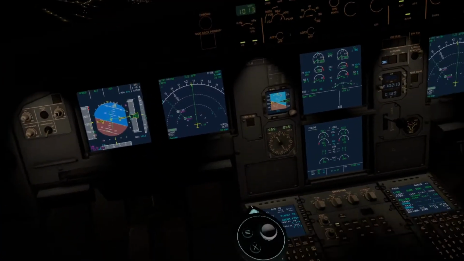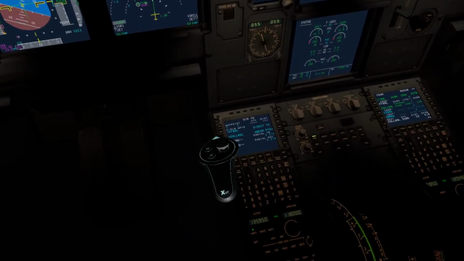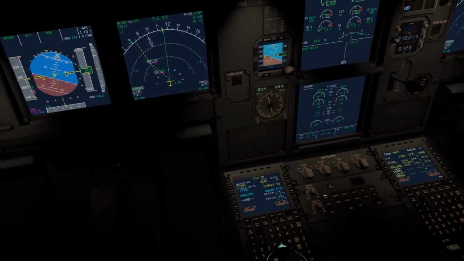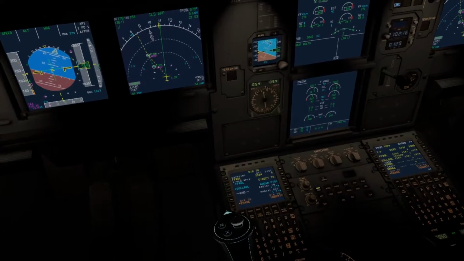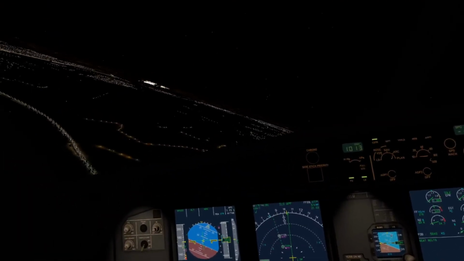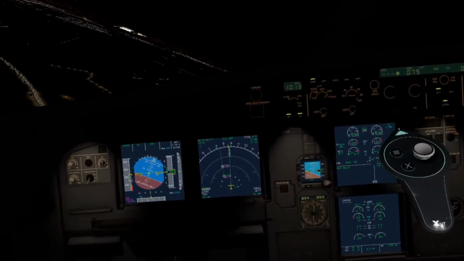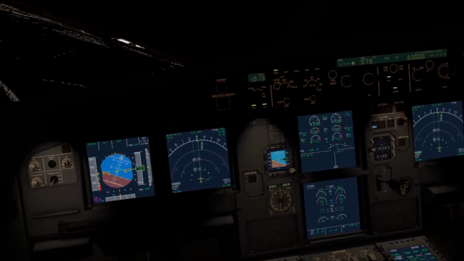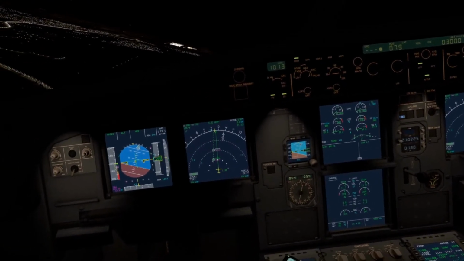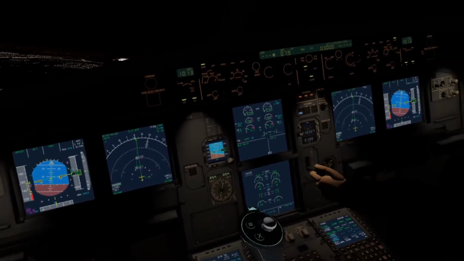And we can turn off the autopilot if we wanted to, but if we want to follow this path, oh, gear down. Gear down.